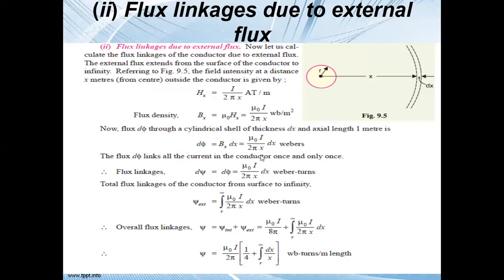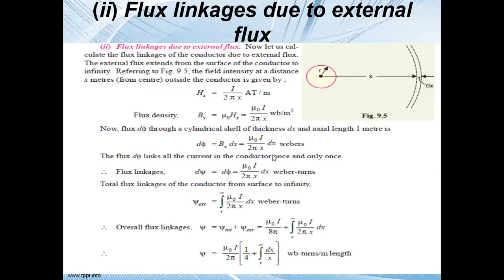In that case it was current I, but we later substituted that current Ix. If you remember, we did that in the last class. But here in the external flux linkage, the total current will contribute towards the external flux linkage. It is not the current Ix. Here the total current contributes, so d phi will be equal to d psi, that is mu naught into I by 2 pi x into dx.